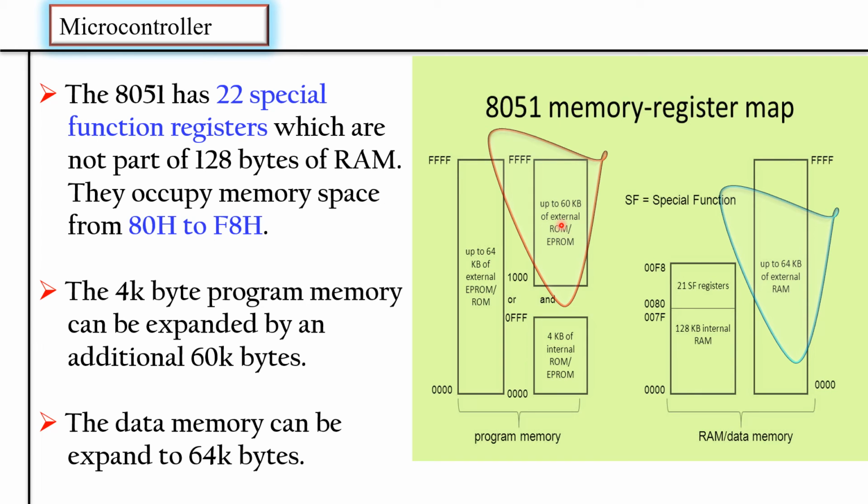The data memory can also be expanded, up to 64 kilobytes. So in the features we already studied that it can address up to 64 kilobytes of program memory and up to 64 kilobytes of data memory. So the 4 kilobytes of program memory you can expand by 60 kilobytes, right?